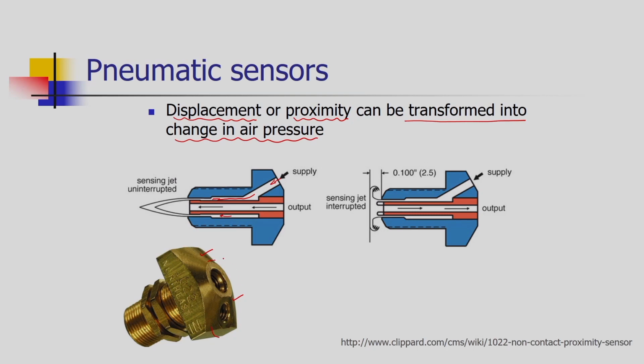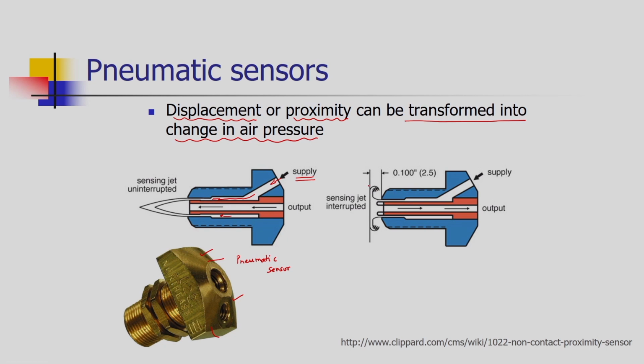This is the pneumatic sensor. Low pressure air is supplied from this port. When a low pressure is supplied from this port, there is a continuous passage of the low pressure air and there is no interruption to that. Through the central port as well, there is a passage of air. So ultimately we are getting a smooth flow, there is no obstruction, everything is fine.